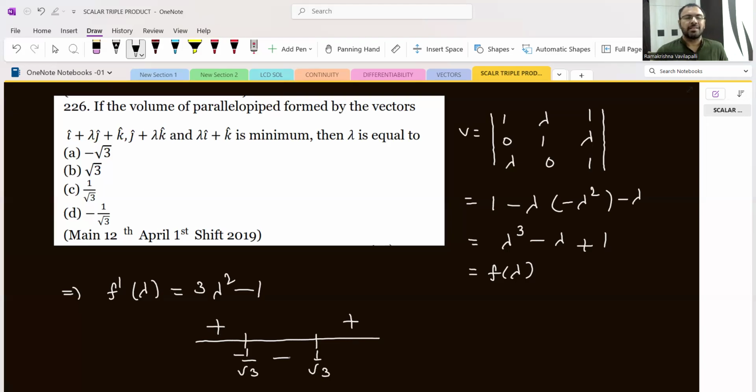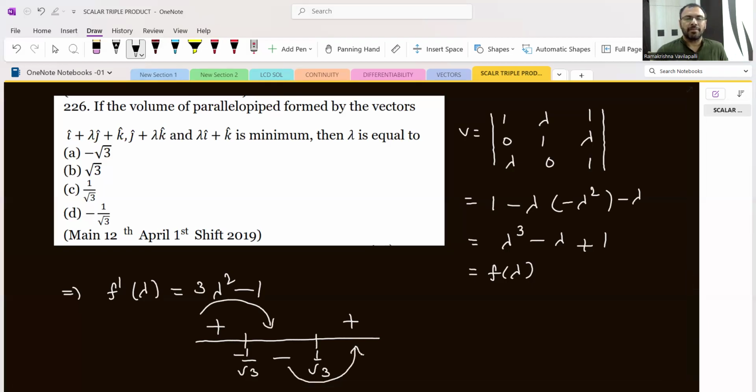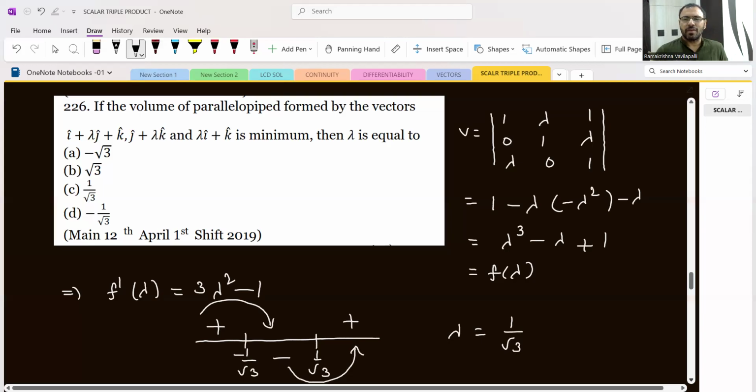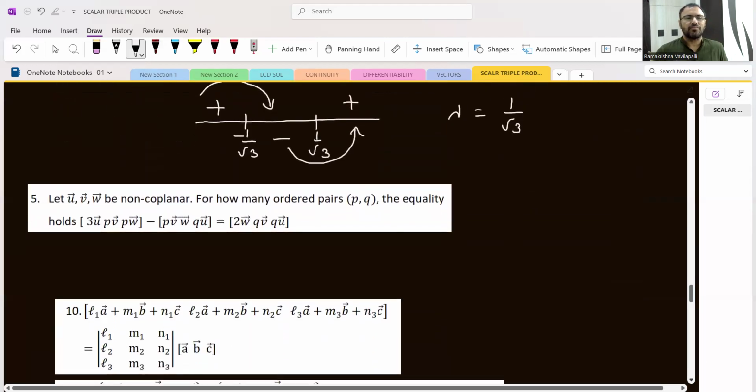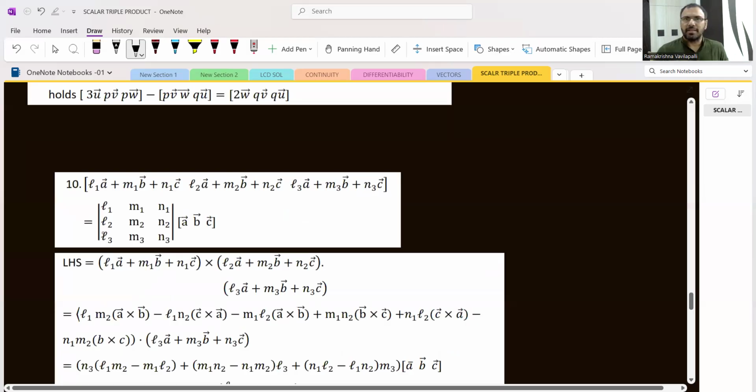In between, it is decreasing. Well, here you will get maximum and here you will get minimum. What do you want? Minimum. So lambda is equal to 1 by root 3. At lambda equal to 1 by root 3, we will get minimum value. All right. Okay. Remaining questions you try.